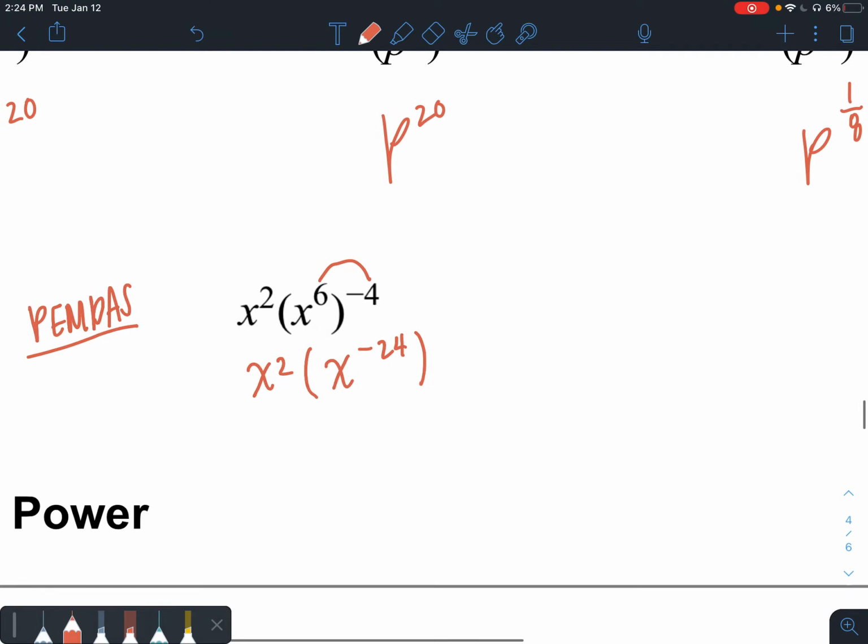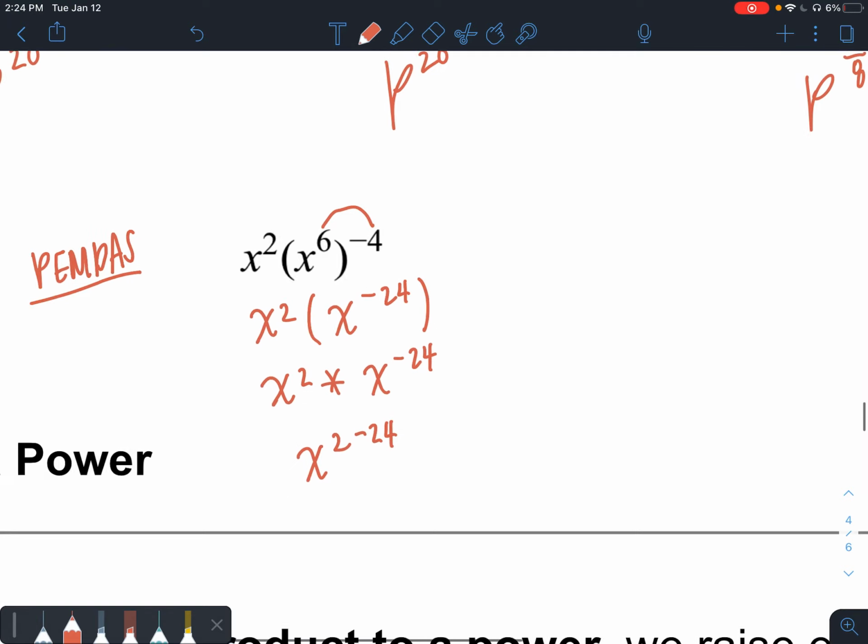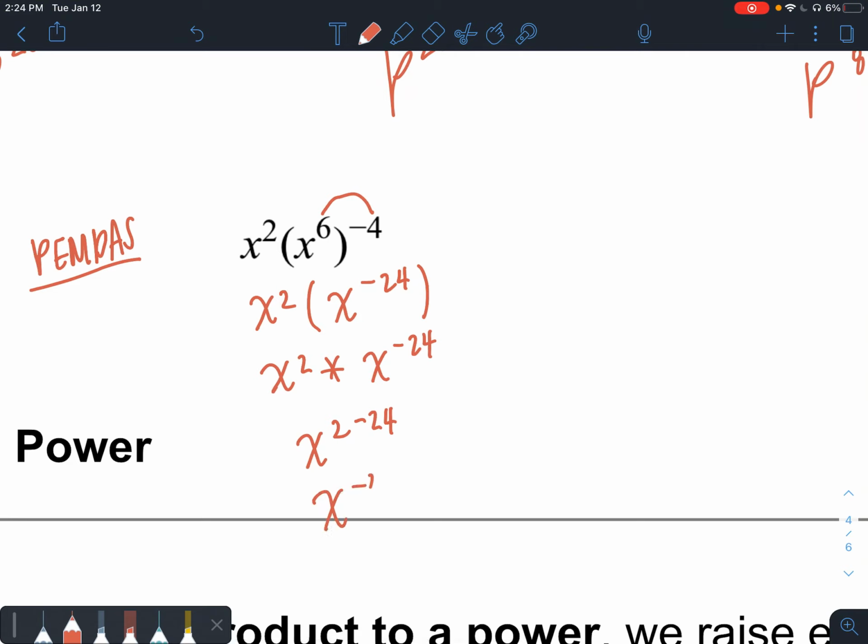This right here is multiplication, so we're doing x squared times x to the negative 24. We want to add those exponents together to get x to the 2 minus 24. So we get x to the negative 22. However, we don't like negatives, so this becomes 1 over x to the 22.